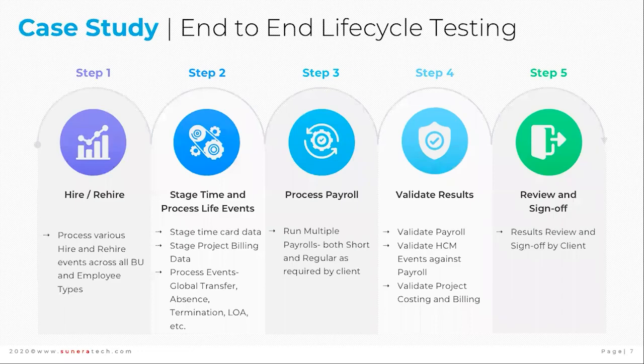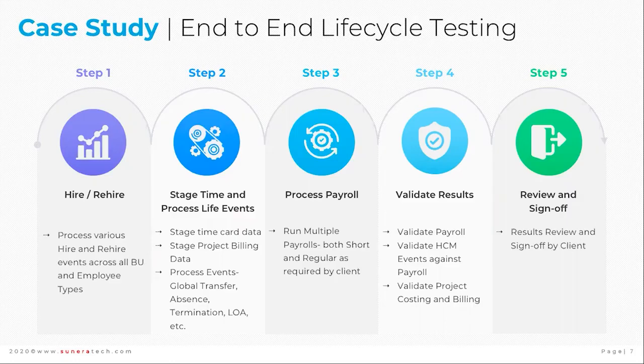So one other key thing is the end-to-end life cycle that we talked about before, right? For example, you can orchestrate the whole test from creating the different hires, staging the time cards, and then processing any events like absences or termination or transfers and stuff, and then processing the payroll.